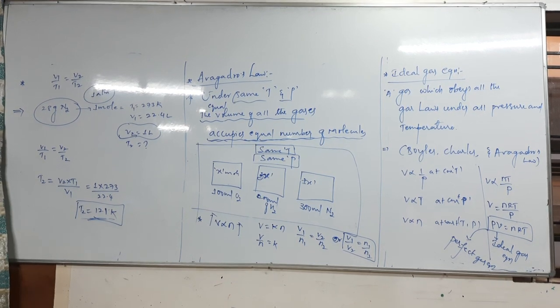Okay, so let's take here: 0.1 gram of carbon dioxide occupies a volume of 320 cc at certain conditions.